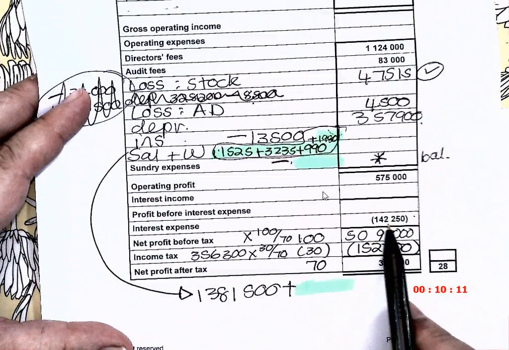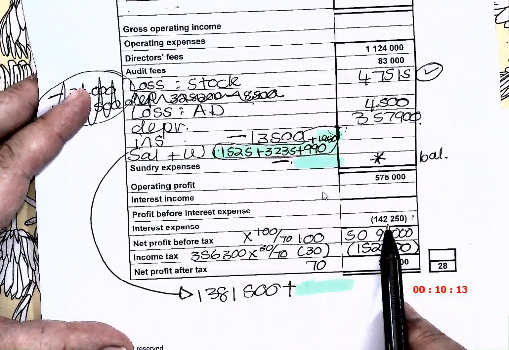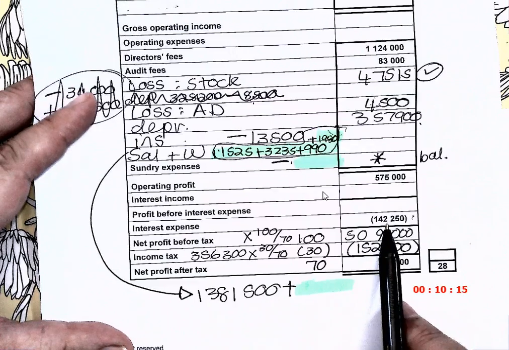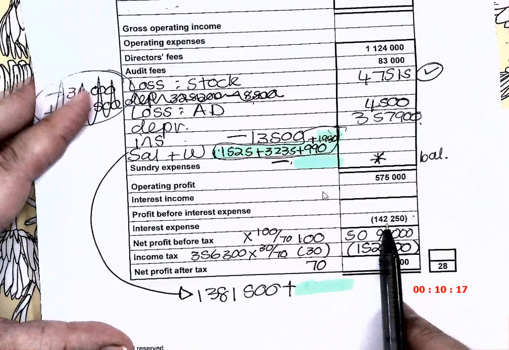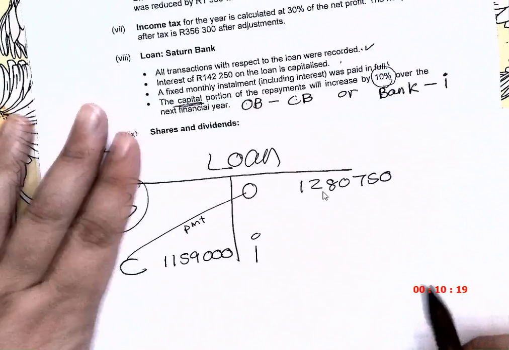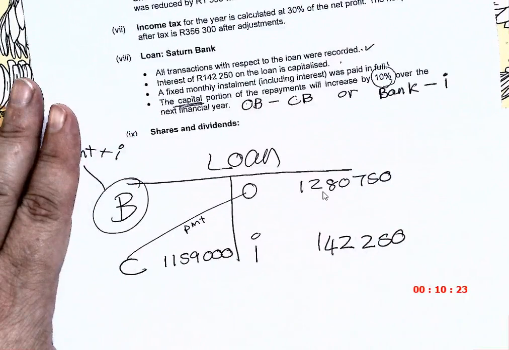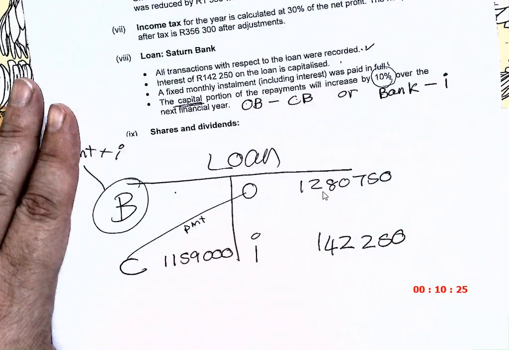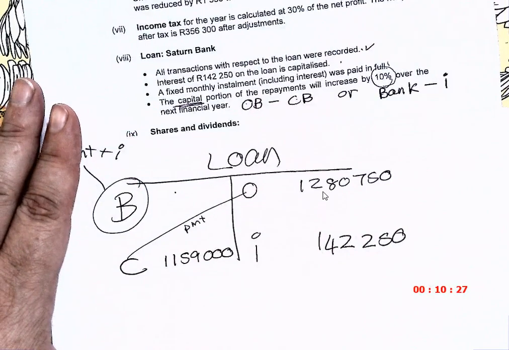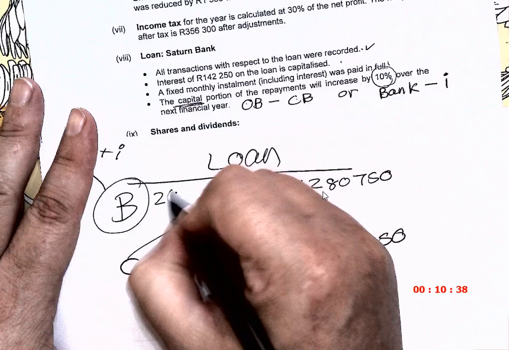They printed it on the income statement. Then I had to know, oh, that's the one I need to use. It wasn't given in my information sheet. Okay, 142,250. So now I can calculate my bank. What is my bank? Two six.